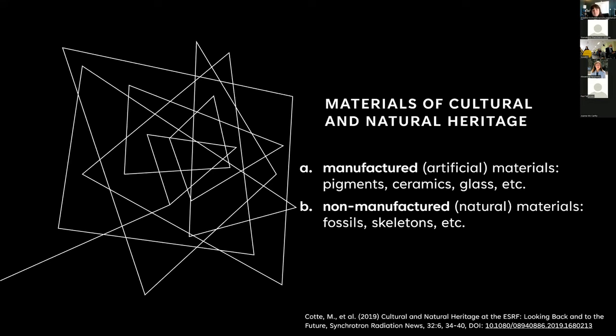For archaeology, which is, in my opinion, maybe one of the most diverse scientific fields, materials from both categories are important and can be used as proxies to approach complex questions regarding the organization of ancient societies and the relationship of people with the environment.